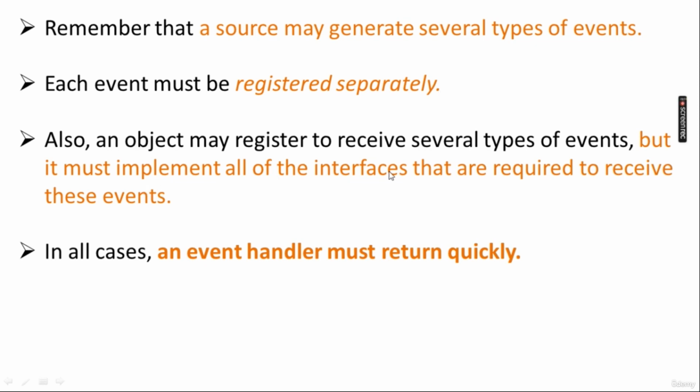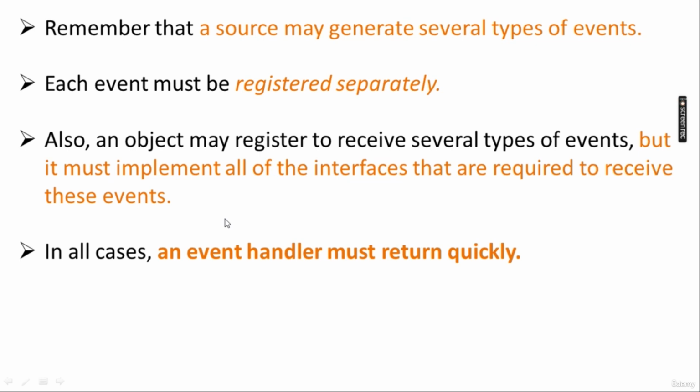Also, an object may register to receive several types of event, but it must implement all of the interfaces to receive these events. One object can have multiple interfaces implemented, and if it wants to handle all the types of event generated by the source, it must implement the interface and write the code to handle that particular event.